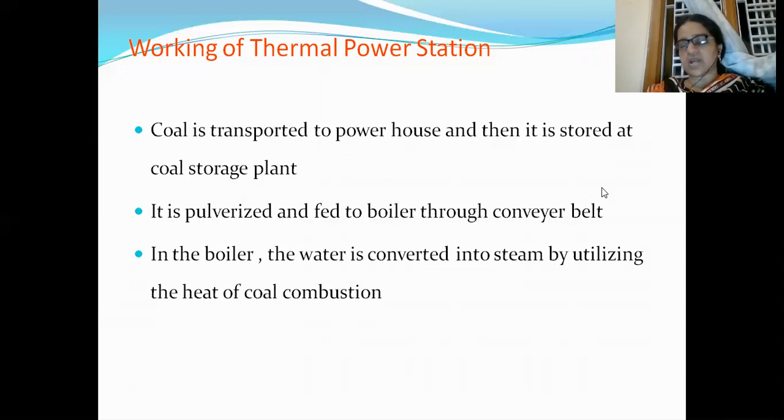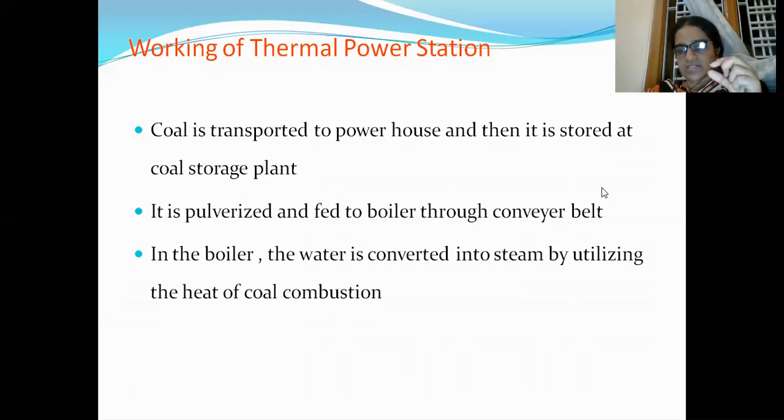Why do we do this pulverization of coal? In order to extract more energy from the coal. The energy or heat liberated by the coal will increase.